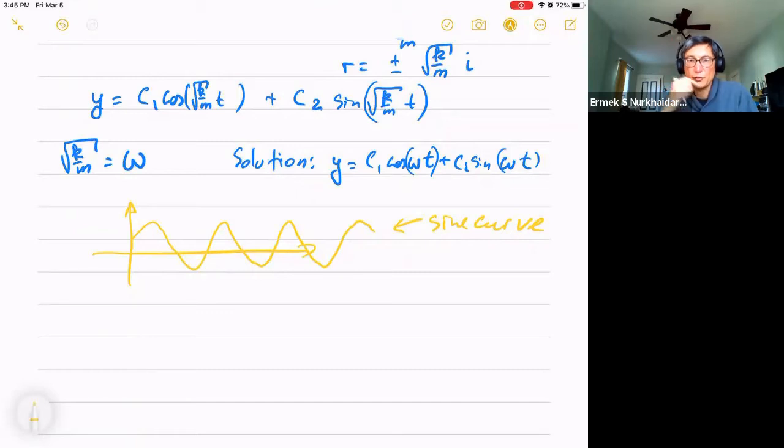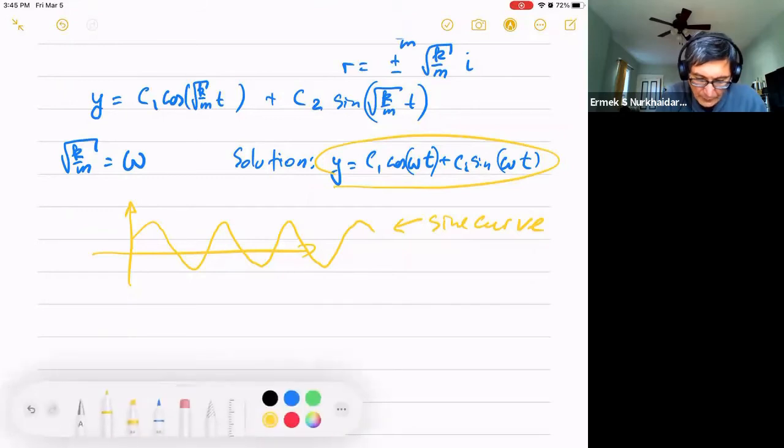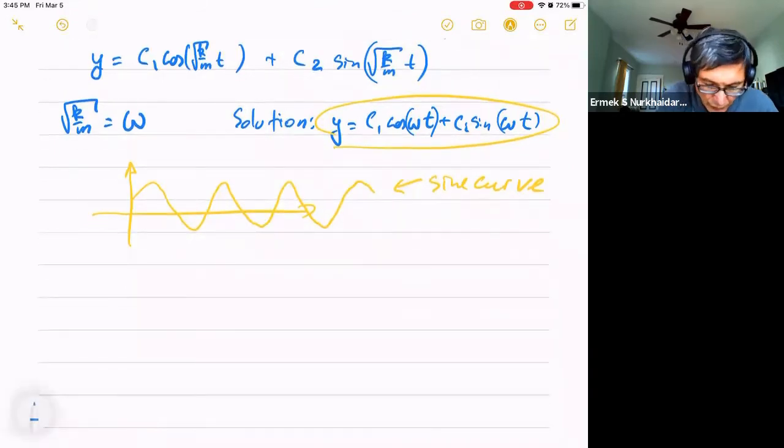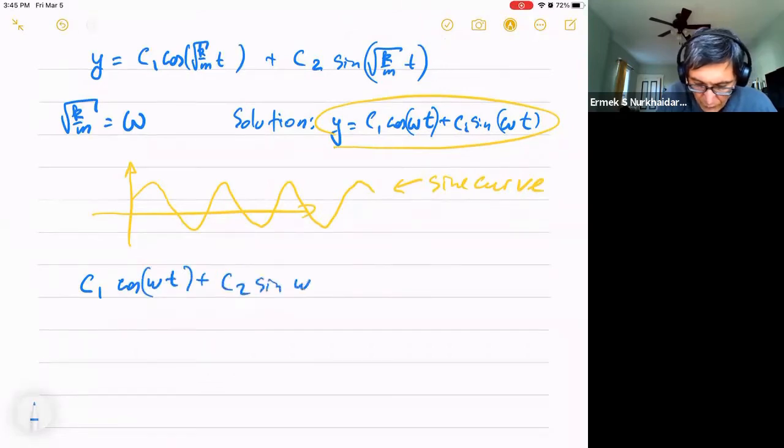So what we want to do is, with our solution, we want to rewrite it in terms of a sine curve. So let's try. We're going to write C1 cosine of omega t plus C2 sine of omega t equals A sine.